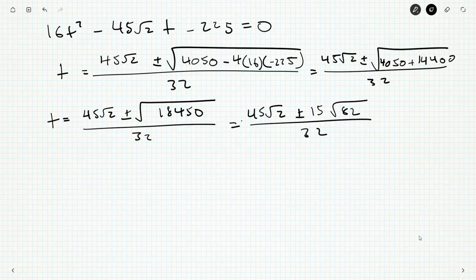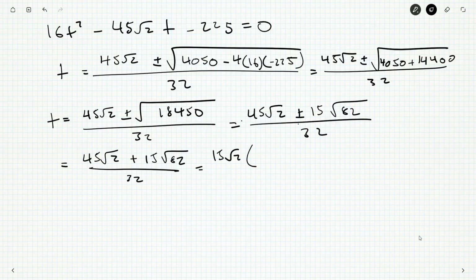So, what can we do? I think we'll just double check here. Yeah, we're going to have a positive one. We don't need the negative one here. So 45 root 2 plus 15 root 82 all over 32. 15 root 2 can come out of there, so we'll have 3 plus root 41.